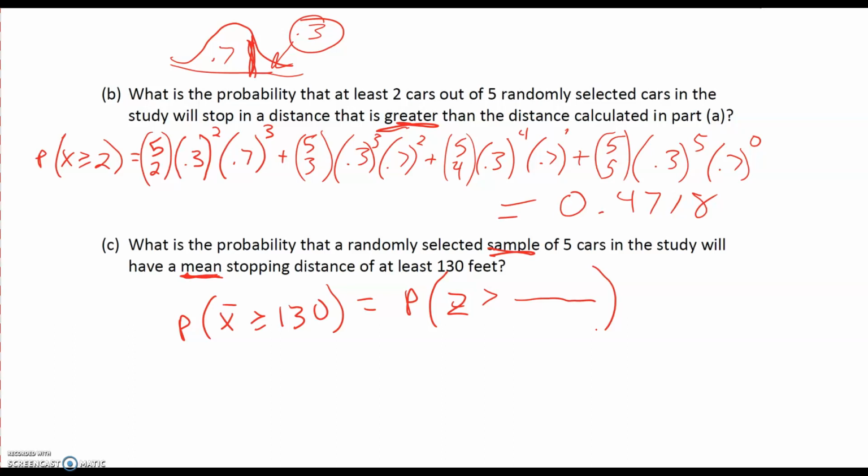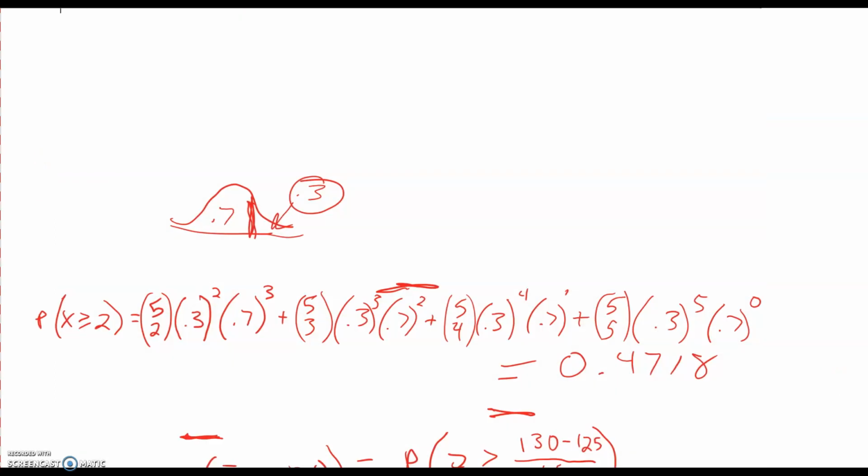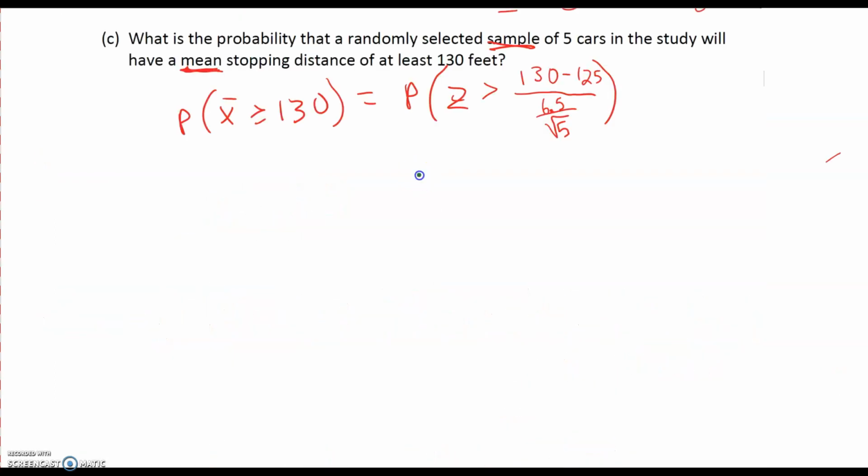Okay, so here we go. So we have z is greater than, we have the, let's see, 130, okay? That's the statistic minus the parameter divided by the standard deviation, which is this, okay, divided by the square root of 6.5, divided by the square root of n, right? And n is 5, okay? So at this point, you have P, the probability, that's way too thick.